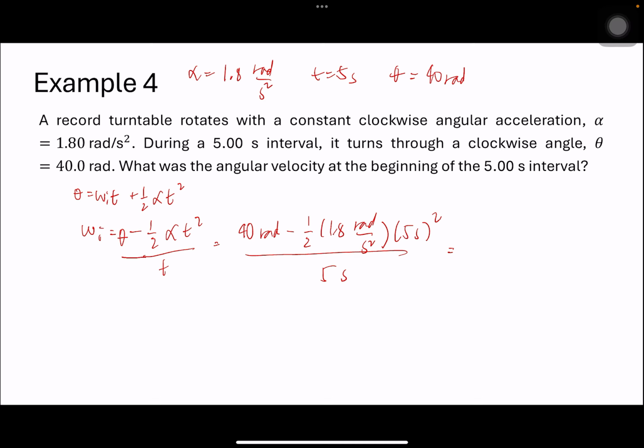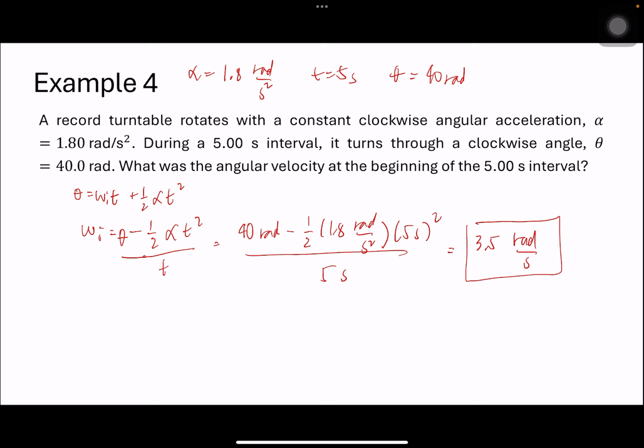Substituting the values, we get 3.5 radians per second.